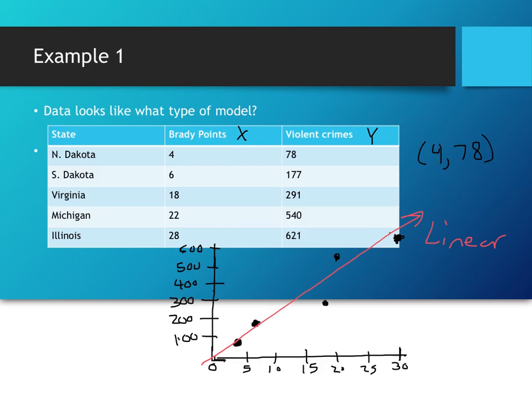And you'd have your calculator or computer, whatever you're using, actually do linear regression.